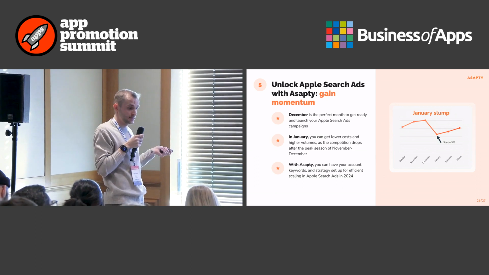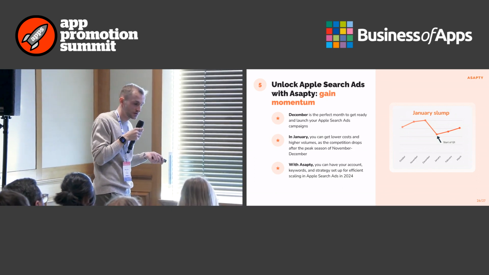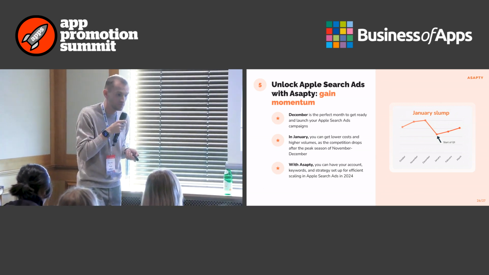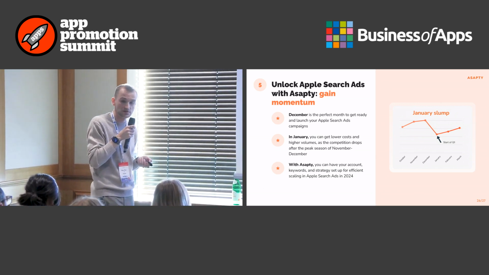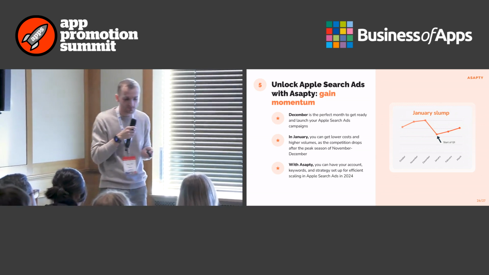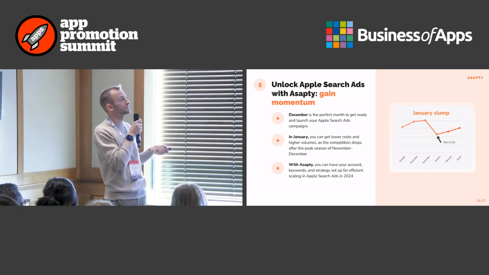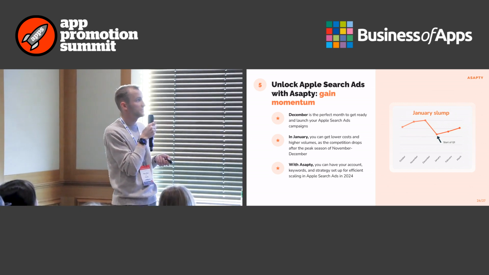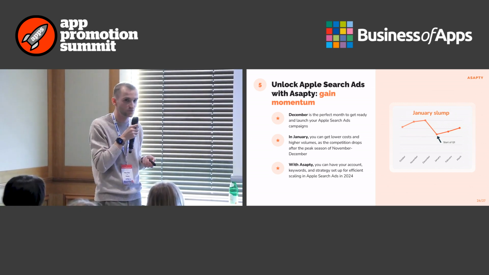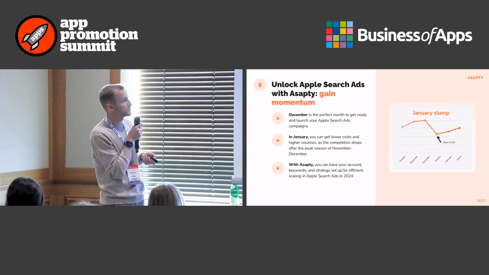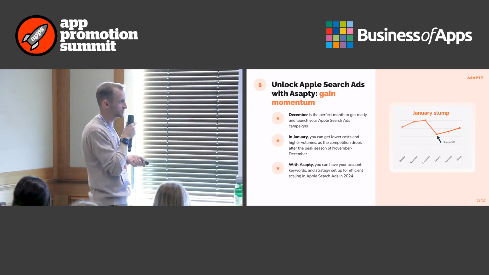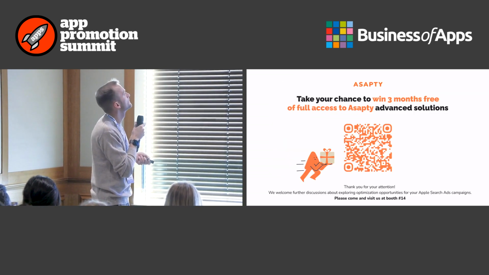And why is it the best time to do it right now? Because December is coming, and December means bigger budgets and bigger cost per installs in all sources. And after that, we will have this great January when the cost per install will drop, everything will drop. If you are able to set up everything now, you could start your new year with really great Apple Search Ads campaigns.